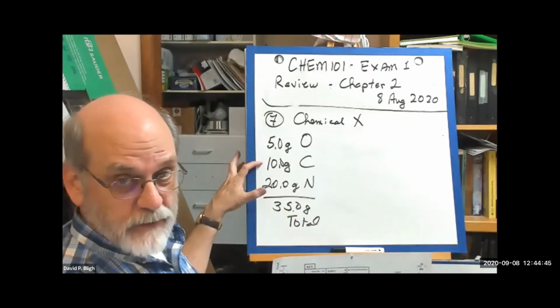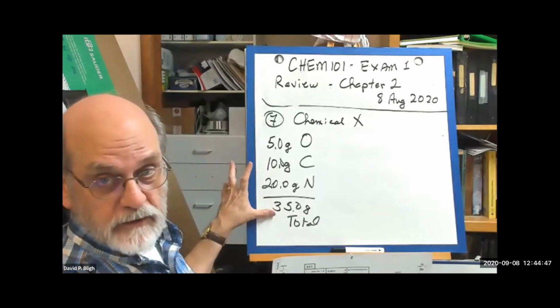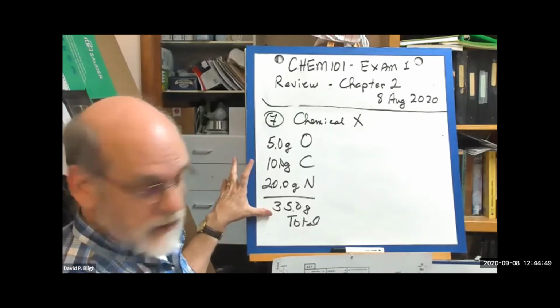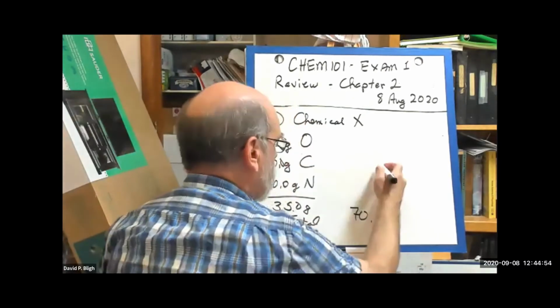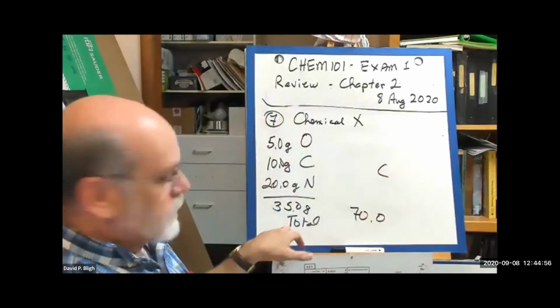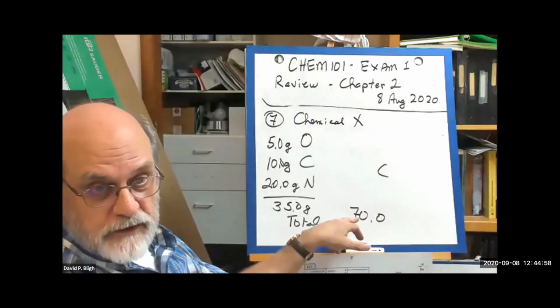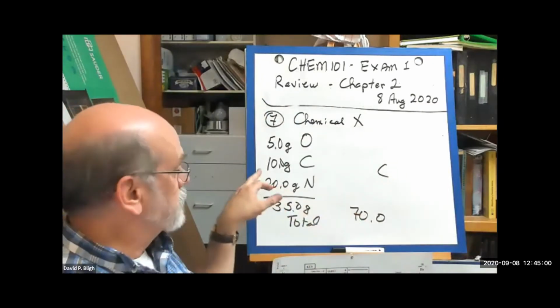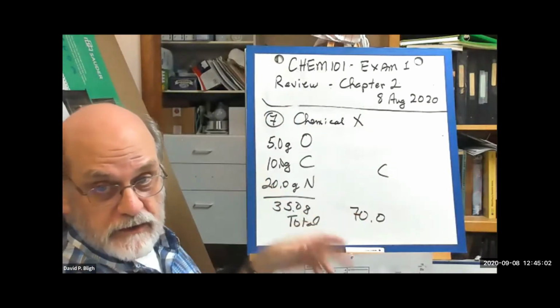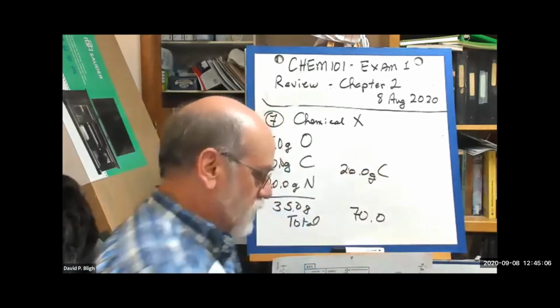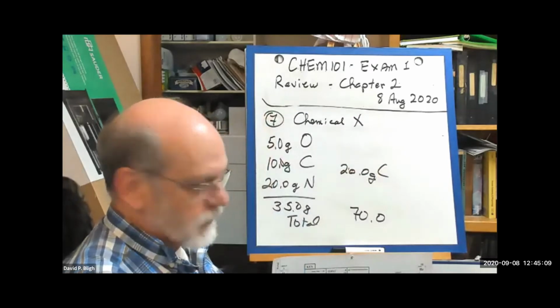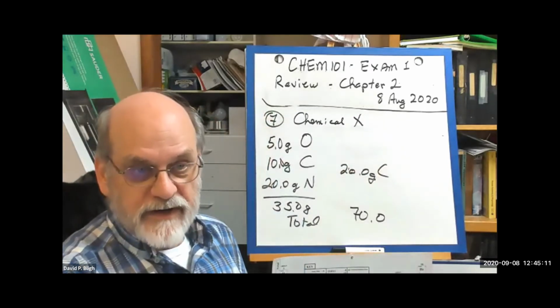So you have 10 grams of carbon for every 35 grams total. So if we bump this up to 70 grams, how much carbon would you have? You doubled the total. So definite proportion says that you have to double the amount of carbon too, isn't it? So it should be 20 grams. Yeah, E. Okay, does everybody see that?